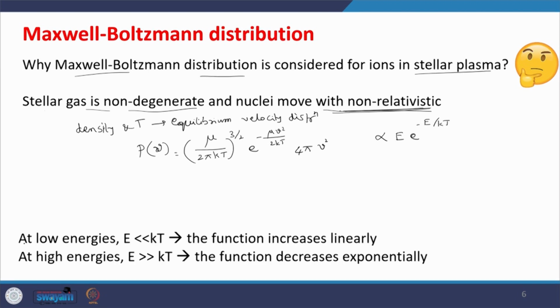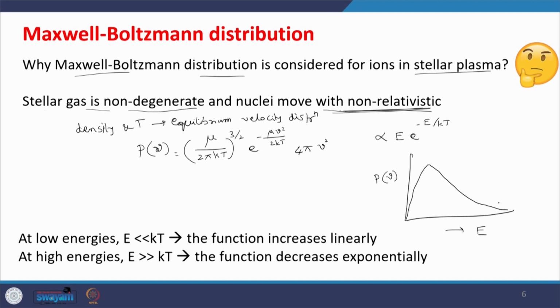At low energies, what will happen to this probability? It can be drawn like this. P as a function of velocity, when you plot with respect to temperature, is well known, right. It increases up to a certain value and then it decreases asymptotically.